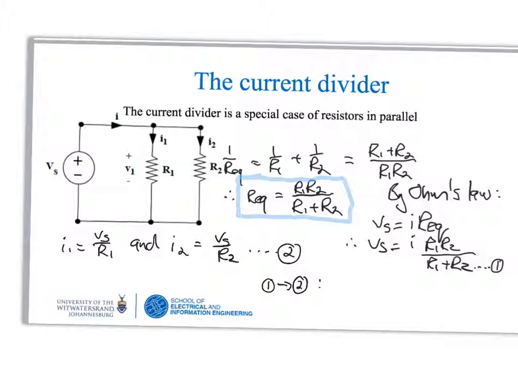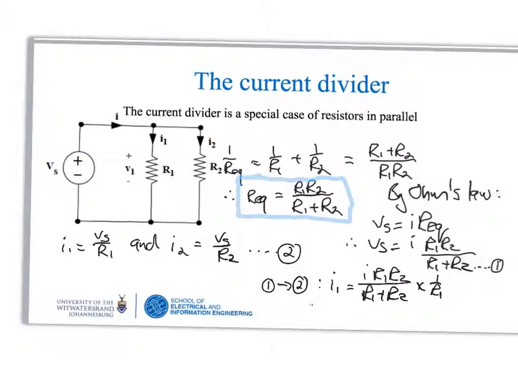And that gives us I1 is equal to I R1 R2 over R1 plus R2 times 1 upon R1.